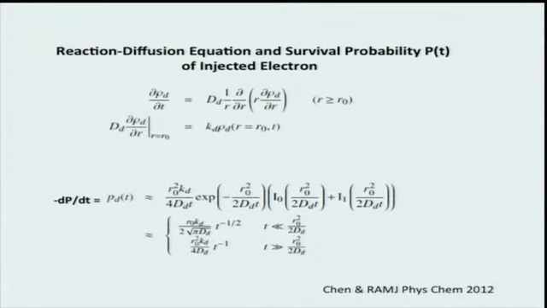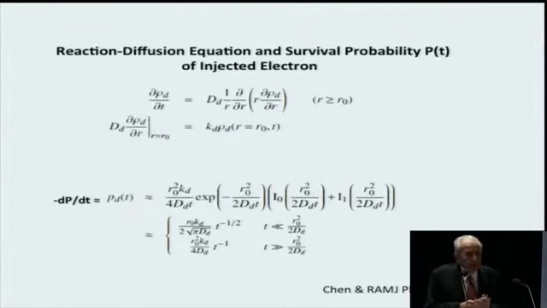So what about the theory? Now the theory is a bit different, because now you're exciting a dye, you eject an electron into the conduction band, so this is a particle that's physically moving around. So you use diffusion theory not of a reaction coordinate, but of an actual particle.